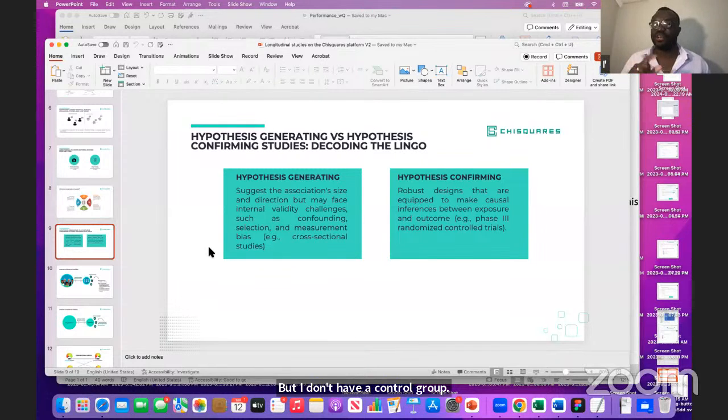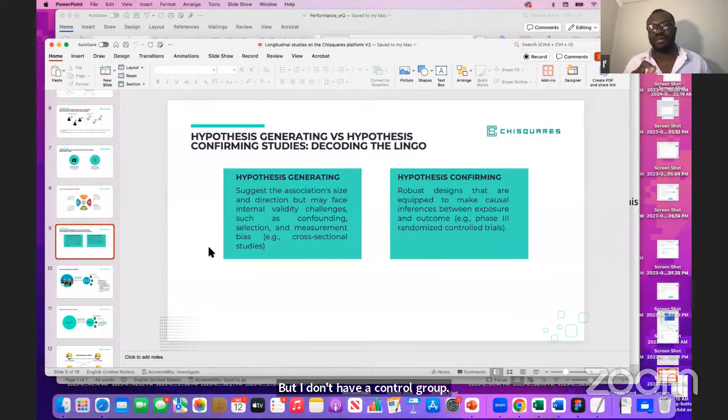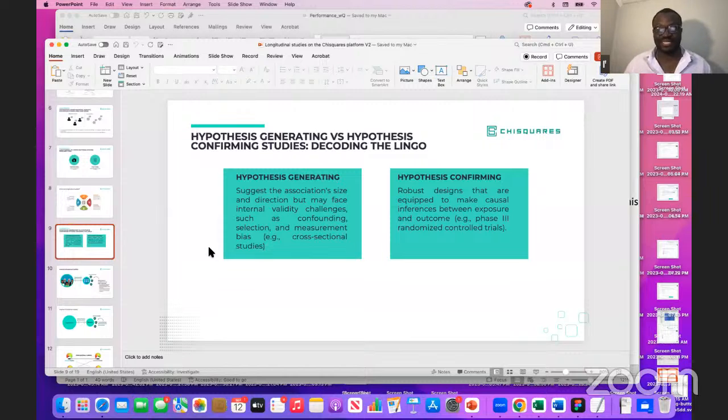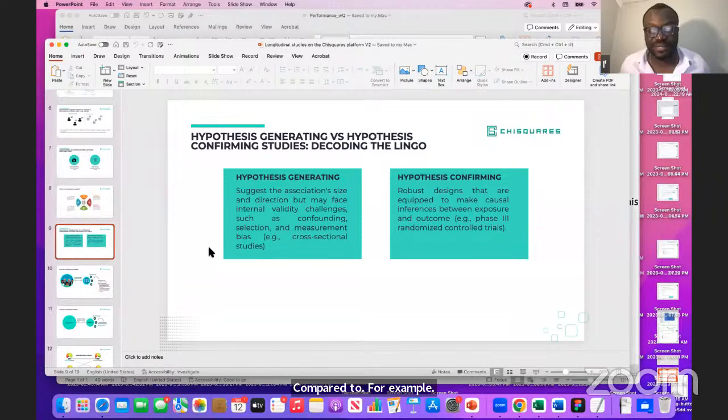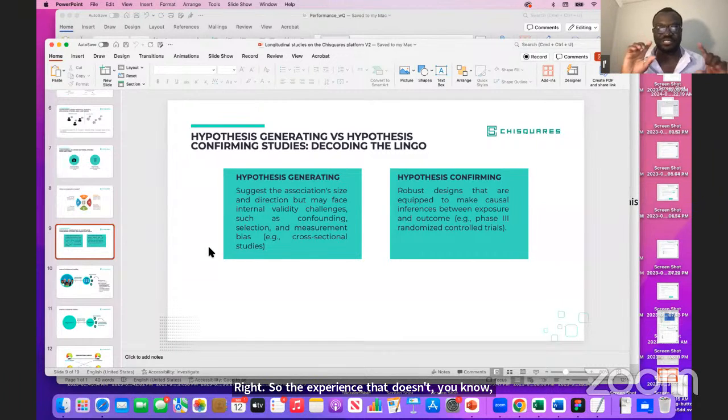So your research question could be: do poultry farmers have a higher incidence or a higher likelihood of developing certain cancers compared to, for example, cattle farmers? The exposure status is individuals who are poultry farmers; maybe your hypothesis is that there's something about these chickens that increases your incidence.